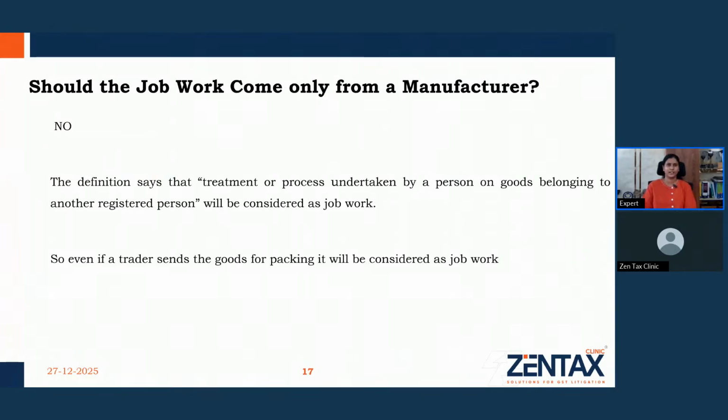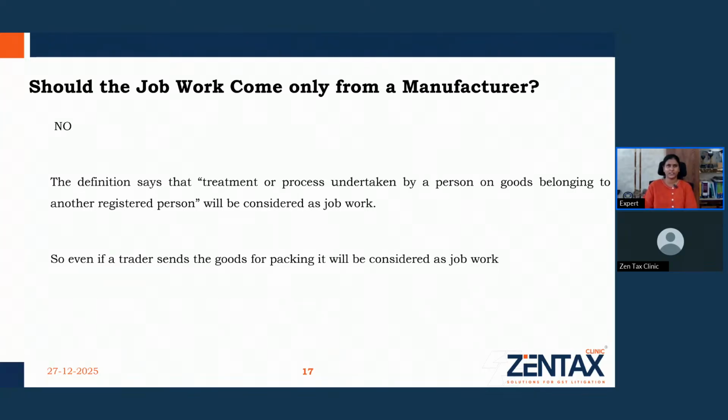Next, many people have this doubt: can only a manufacturer send goods for job work or not? That is, should the job work come only from a manufacturer? The answer is no. The definition for job work, as we have seen earlier, mentions the treatment or process undertaken by a person on goods belonging to another registered person will be considered as a job work.